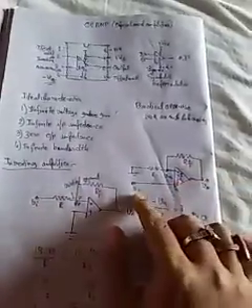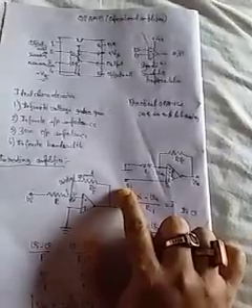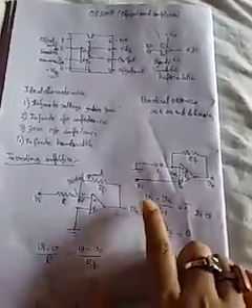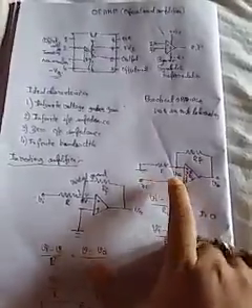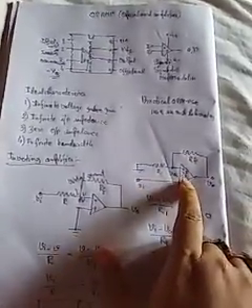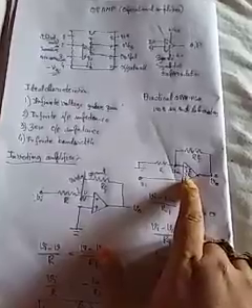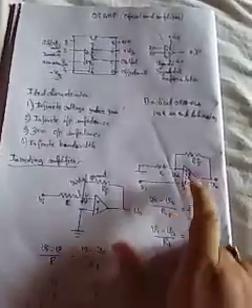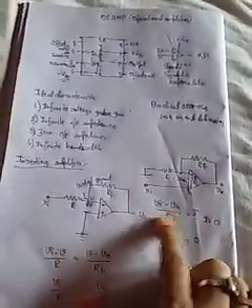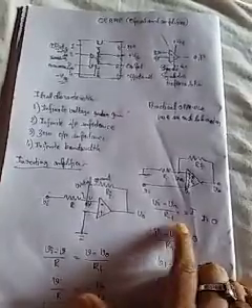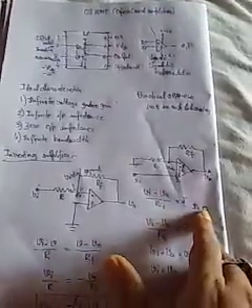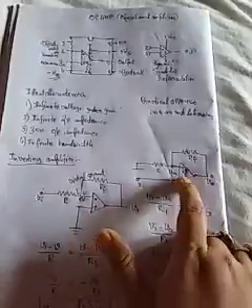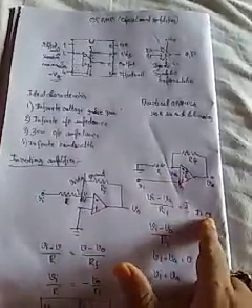If I apply Kirchhoff's voltage rule, that is (Vi minus Va) by R1, I consider here it is R1. Mistakenly it was written as R, but here I will consider it as R1. So (Vi minus Va) by R1 equals I. As it is a very high resistance, I is approximately 0.